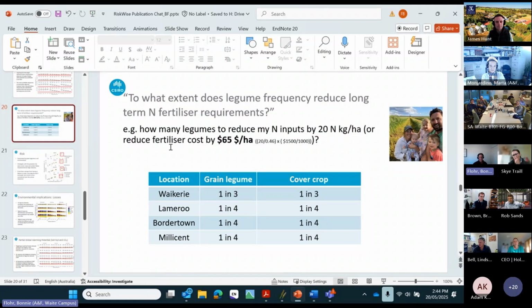We've recently adopted legumes in the last 5 years, so that means we've got a profitable legume available, but I know as you head further north, a high value legume might not be available. It'd probably be vetch or lupin or something like that. So you're probably less comfortable adopting a higher intensity of legumes in the system.